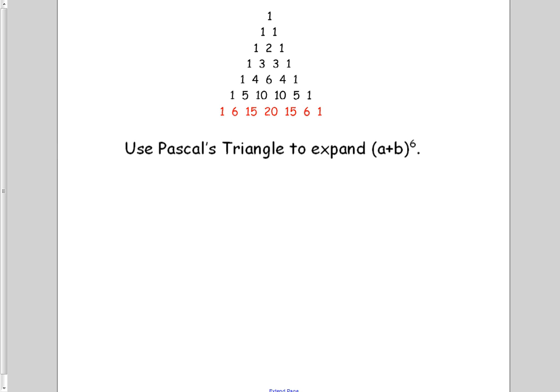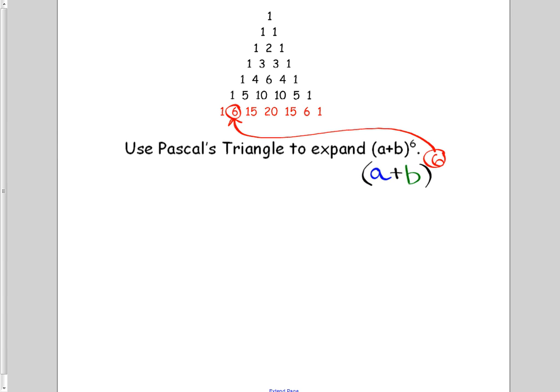So what I want to do, I'm going to rewrite this a little bit in some different colors. I'm going to put A plus, we'll go with B in green, and I'm going to put this all to the sixth power. And I'm going to use this to match up with this.